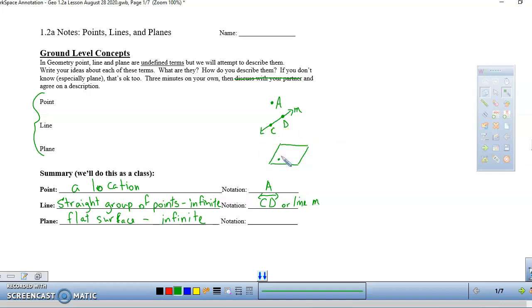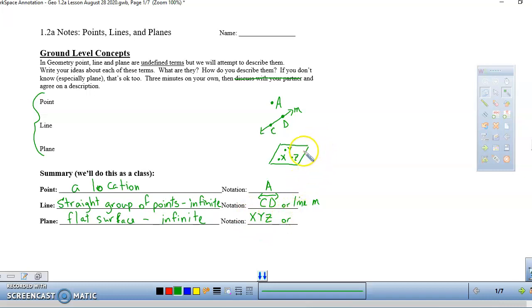And then generally, we are going to name a plane with 3 points that are on the plane. And then you literally just write those 3 points, no commas, no notation, no nothing. That is the name of the plane.